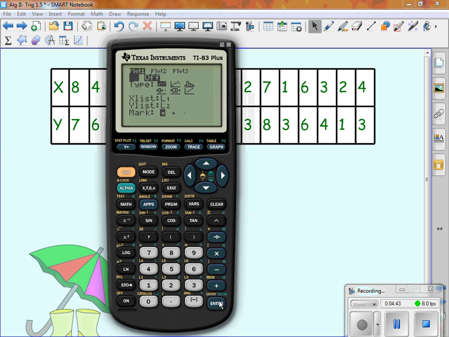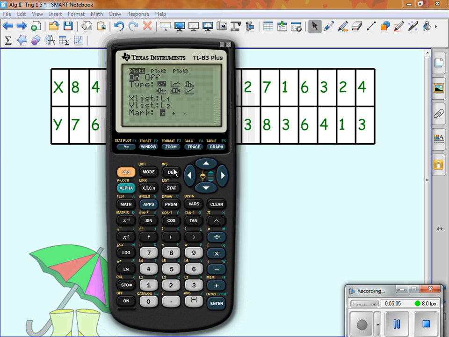Press enter. When you hit enter, on is now flashing, it's changed it. These are all our different types of graphs. We can have just scattered points, connect the points, bar graph, box and whiskers. We want just plain graph, plain points.